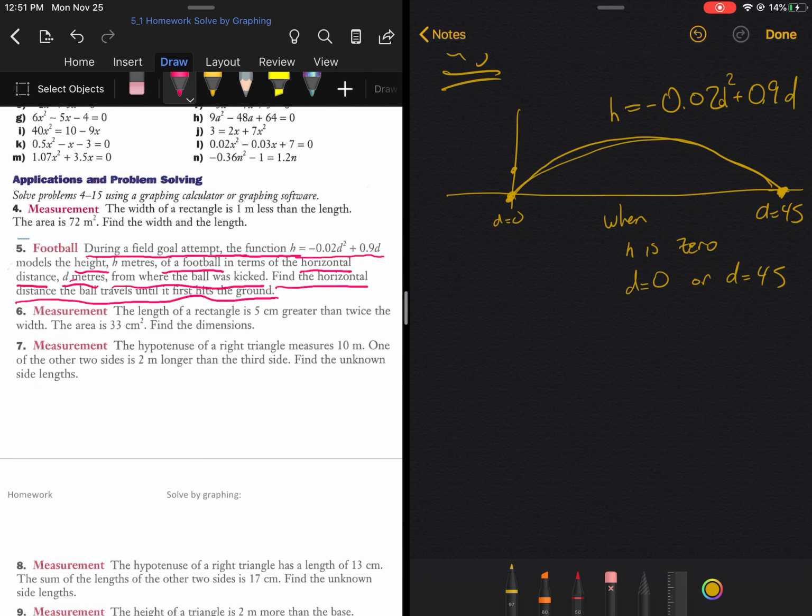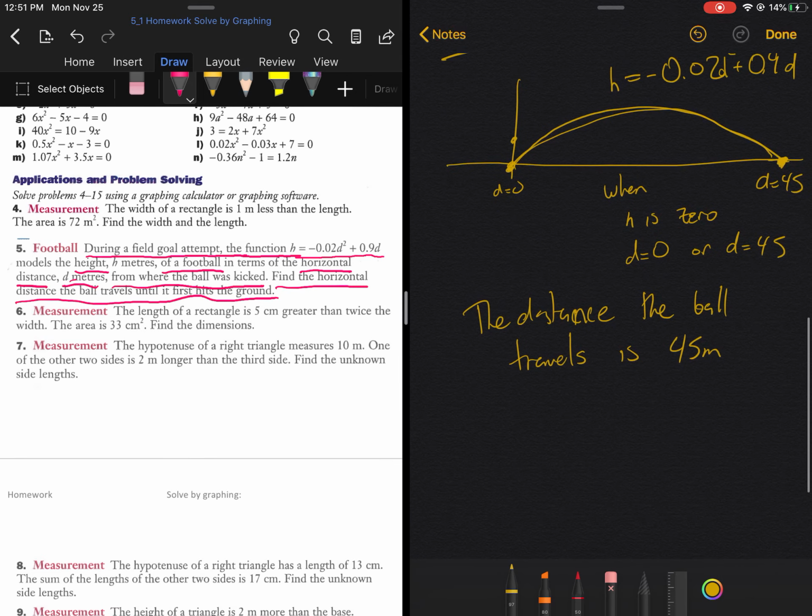If you're curious, we're done, by the way. Therefore, the distance the ball travels is 45 meters.